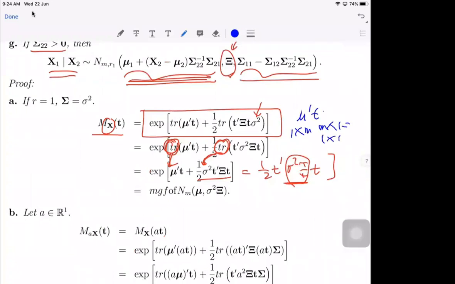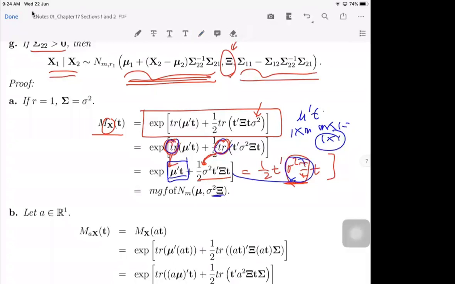So if you get the trace of a 1 by 1 matrix, it's itself. Are you with me? Yes. Okay, so that's why you can remove the trace there. But this one should be written in this manner so that we get sigma squared. Just correct your notes.